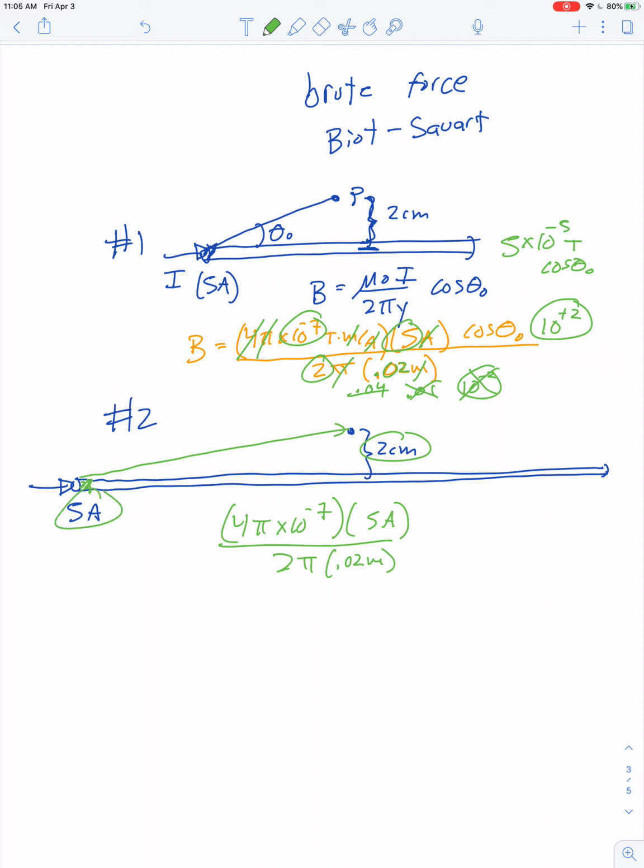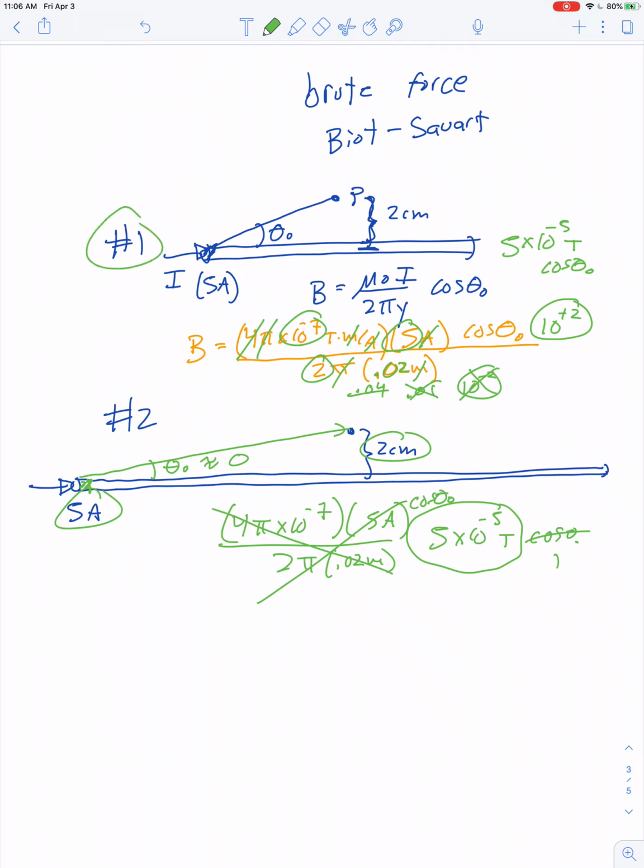And all that's going to combine to give me 5 times 10 to the negative 5th Tesla, but there's still a cosine of theta naught that belongs in this equation. Now in this case, if the wire is really long, we can say theta naught is approximately equal to 0, and the cosine of 0 would just give us 1, and so our magnetic field would be 5 times 10 to the negative 5th Tesla.